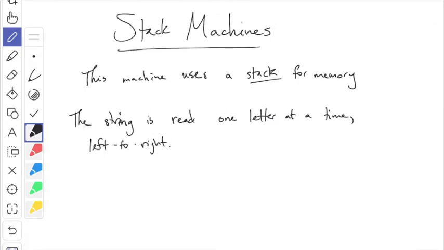In a stack machine, there aren't states, there's just a stack, and the stack can change over time. So each letter can change the stack. And so as you go, the stack changes from one step to the next.